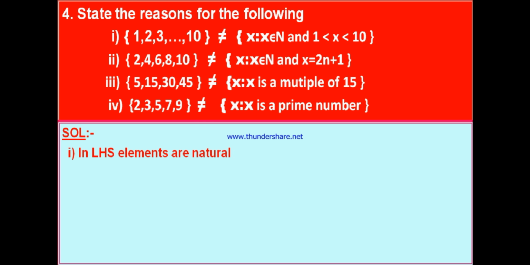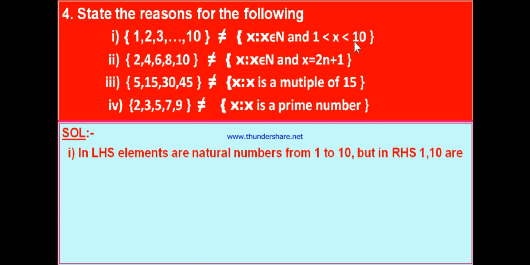First bit, if we observe the LHS, the elements in LHS are 1, 2, 3 and so on up to 10. These are the natural numbers starting from 1 to 10. Whereas if you look at the RHS, it is given that x belongs to N, but x lies between 1 and 10. x is greater than 1 but less than 10, meaning x is not equal to 1 and not equal to 10.